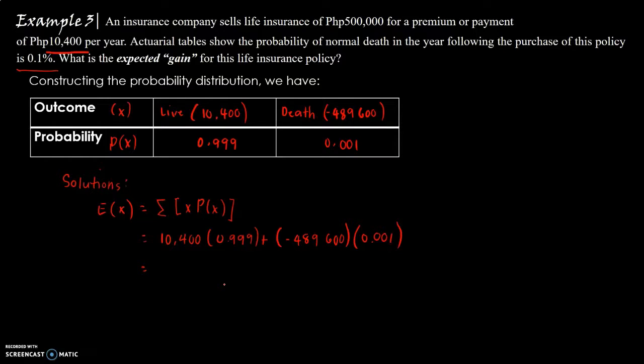Multiplying 10,400 times 0.999 is equal to 10,389.6.